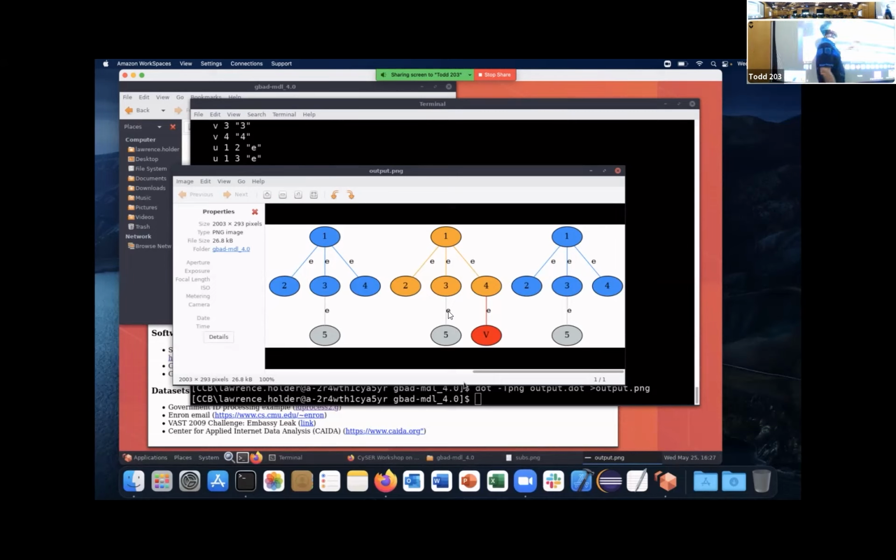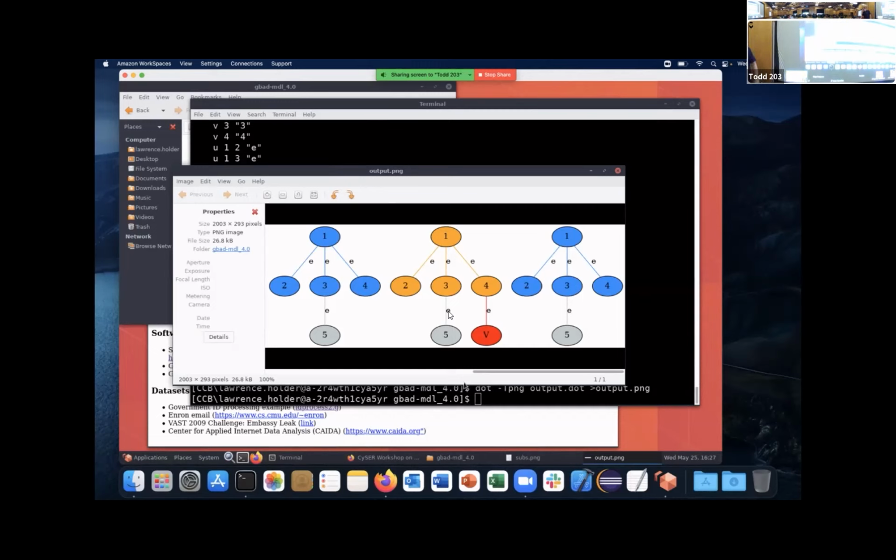So that's basically how it works. It finds the normative pattern, using Subdue internally, and then it identifies the anomalous versions of the normative pattern and indicates what the anomaly is.